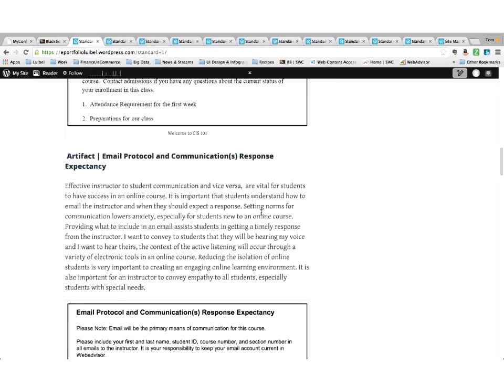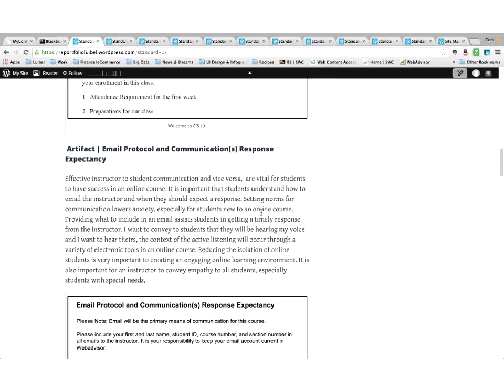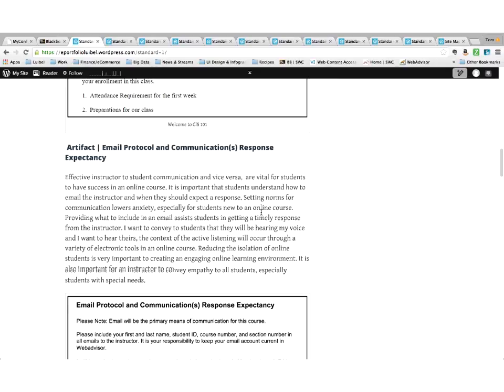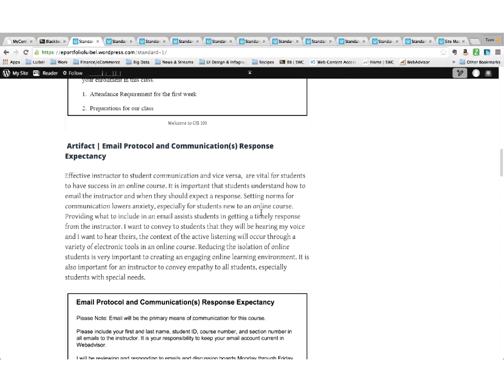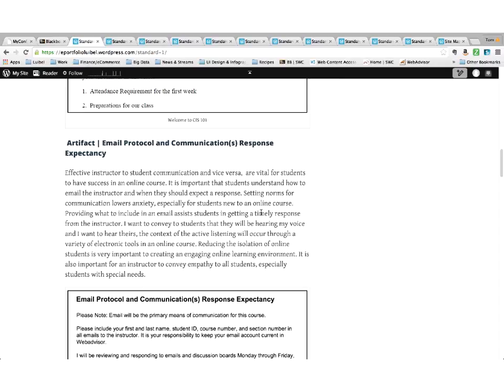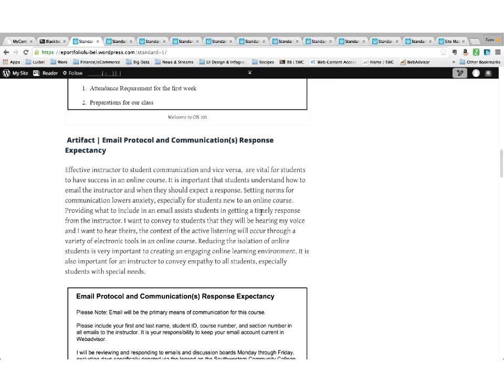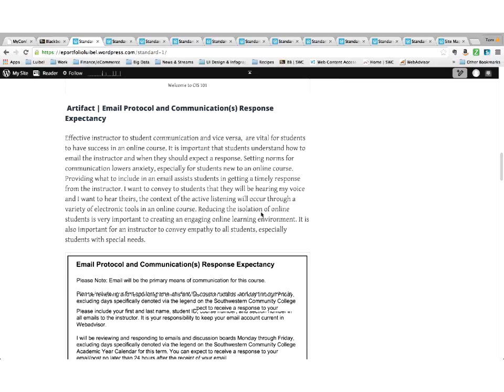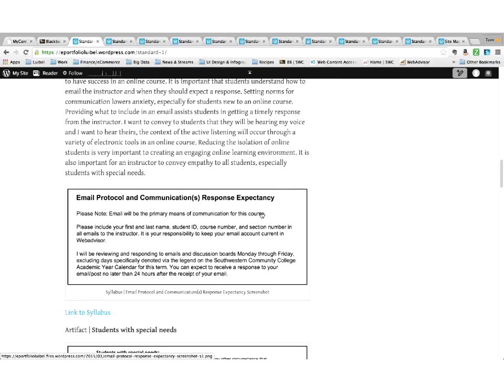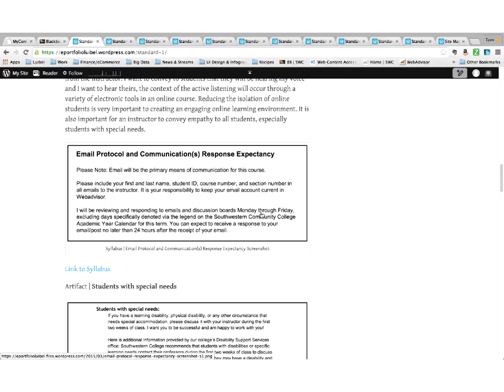I found that communicating with students, especially by email, is vital for success in the course. One of the things I do is set an email protocol and communications response expectancy. Over the years, I've learned that students need to include their first name and last name, their student ID, course number, and section number in all the emails to me.